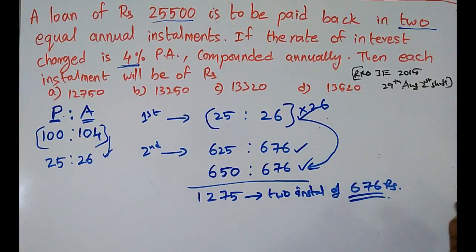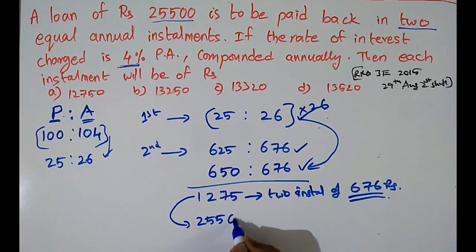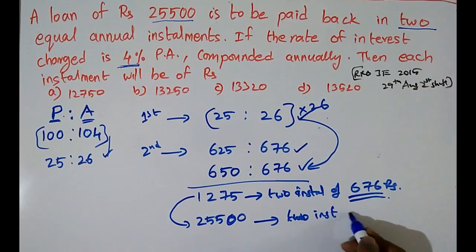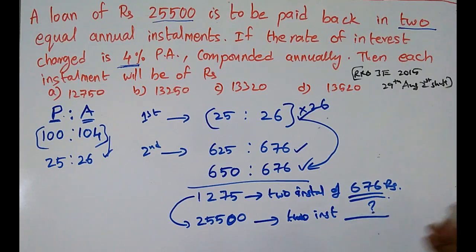Am I right friends? Okay, in the question we have been given a loan of rupees 25500. If we take 25500, then in two installments, how much we have to pay back, that we have to see here.